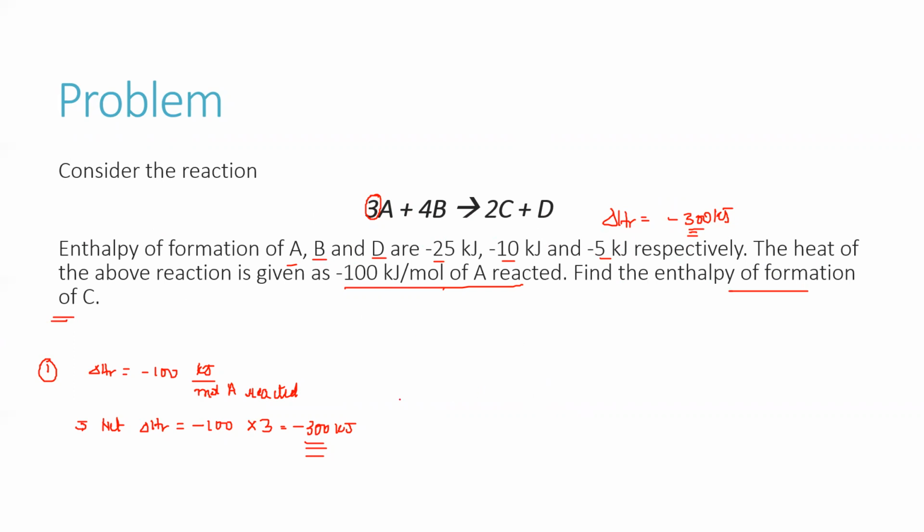By the definition of heat of the reaction, we have net delta HR is equal to HP minus HR.